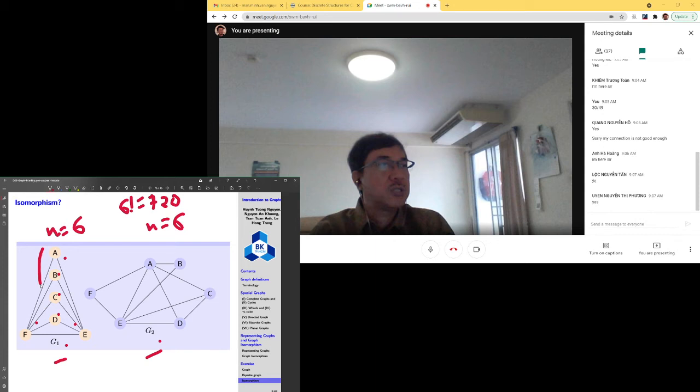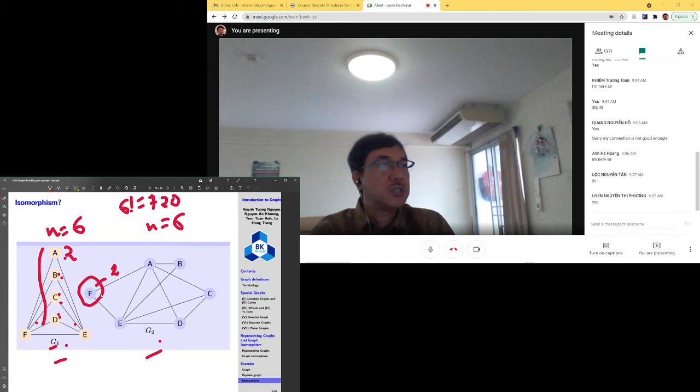But if you look to the right hand side, somehow only this one has degree 2 and no more. You see? Only one node. On the left hand side in the first graph, you have 1, 2, 3, 4 nodes. So the number of nodes having degree 2 is not the same. This one gives 4 nodes, and this one gives only 1 node.